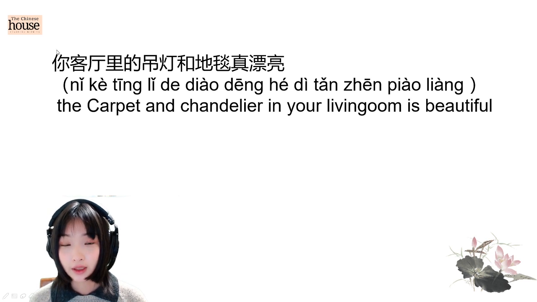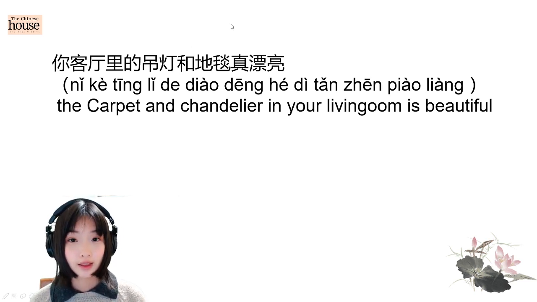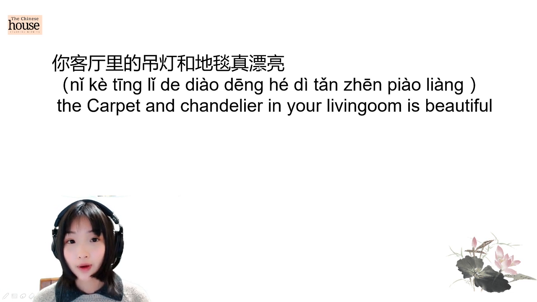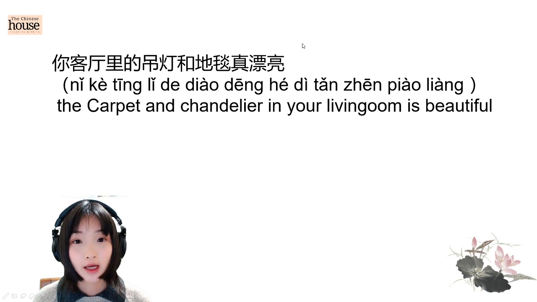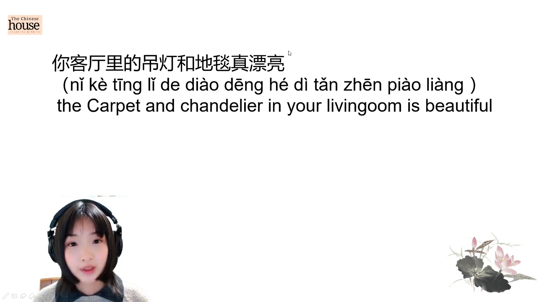But here 你 means your because we omitted the 的. 里 means in. 的吊灯, chandelier. 吊灯和地毯. 地 is first tone, 地毯 third tone. 真 means really. 漂亮, we have learned, beautiful. 真漂亮.